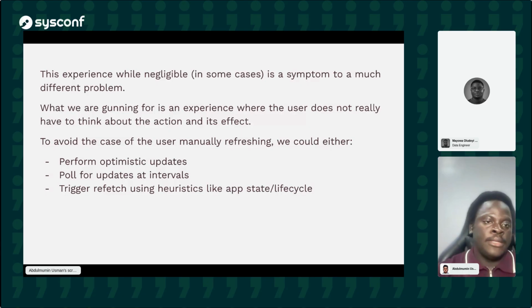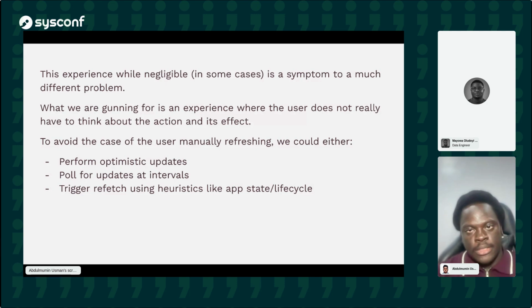Then the other thing you could do is to trigger a refresh using heuristics. Heuristics in this case are app heuristics, like the app state or the life cycle of the client. I'm using a mobile client as an example.